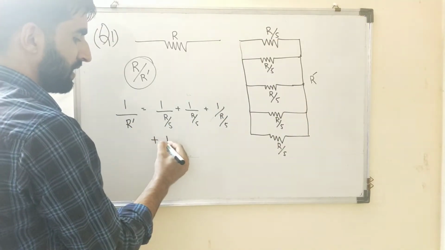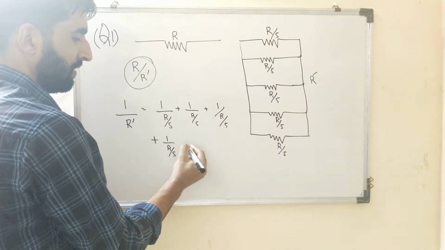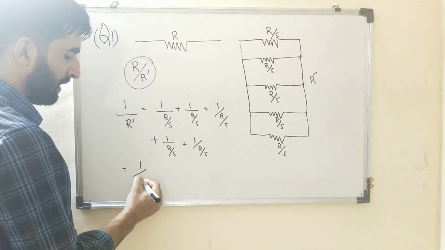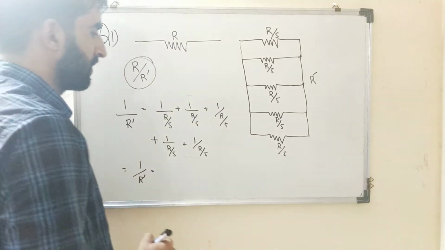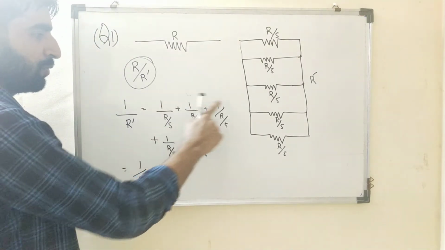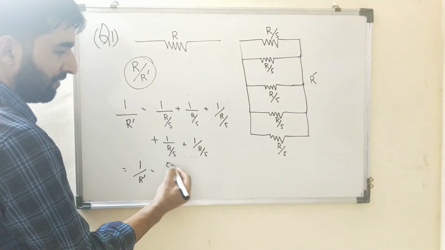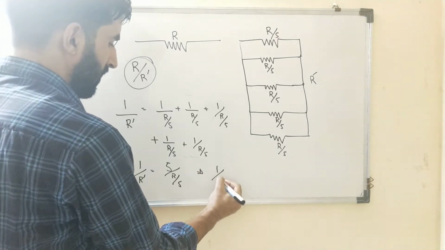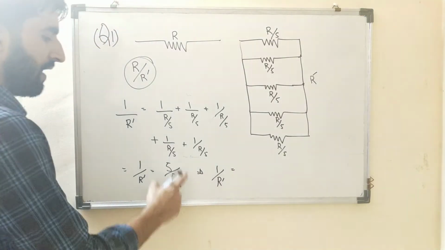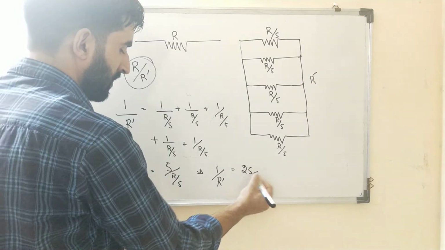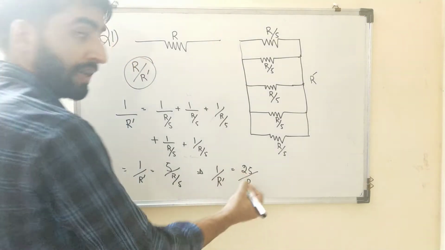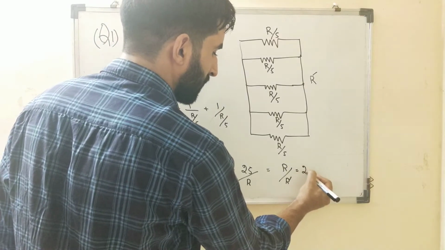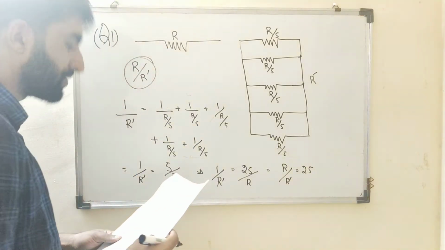So this will be 5 divided by R by 5. So 1 by R dash is equal to 5 fives are 25 divided by R. So R will go here, and R divided by R dash will be equal to 25. So option D is the correct answer.